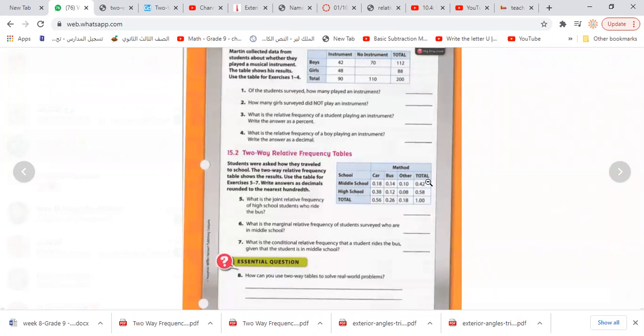So I will go up and then I will stand on the middle school, which is 0.42. If I change the question and ask, what is the marginal relative frequency of students surveyed who are in high school? Who will answer? Khadija, did you hear the question?